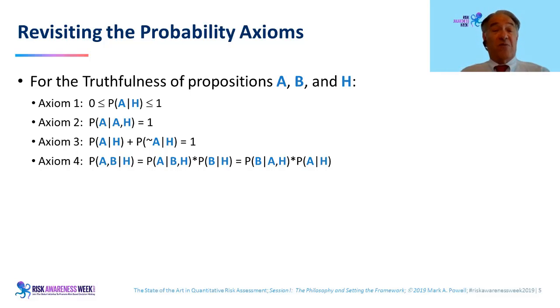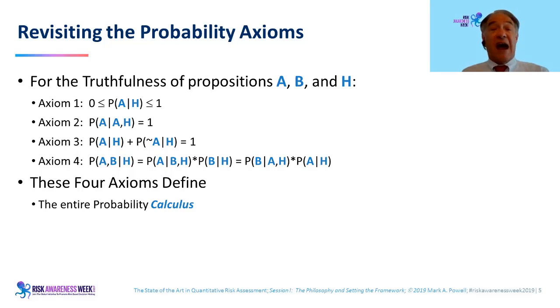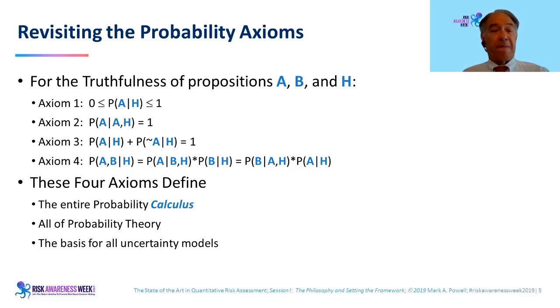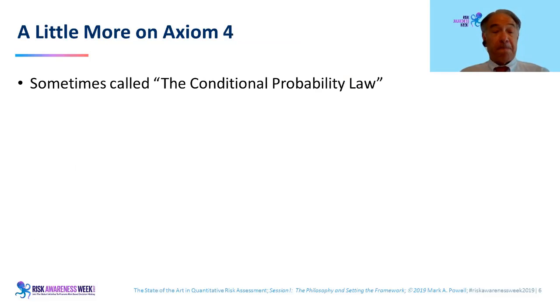These four axioms, which are very, very simple, define the entire probability calculus. They also define all of probability theory. Everything in probability theory adheres to these. They are the basis for all of our uncertainty models. These are probability density models.